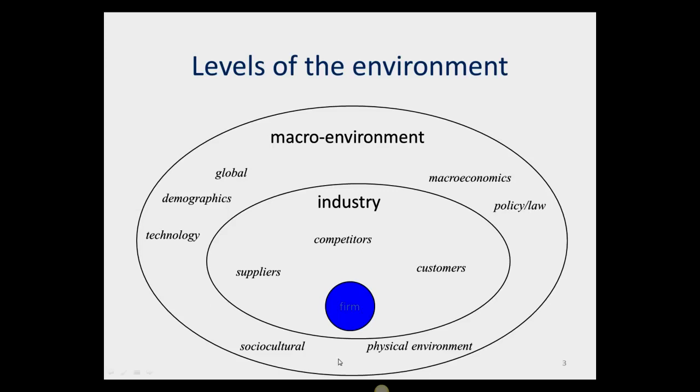Before we get into this in greater detail, I just want to talk about a few vocabulary terms. In this class we're going to focus on a business, which we call a firm, and a firm with their suppliers, competitors, customers, that forms an industry. And then there's other things that affect that industry that we call the macro environment: policies, laws, technology, demographics, all of these things.